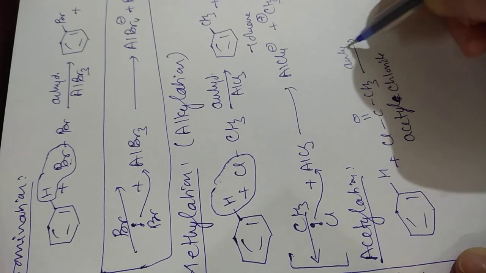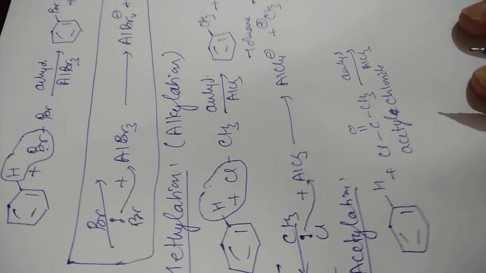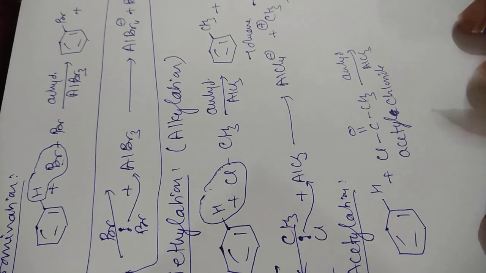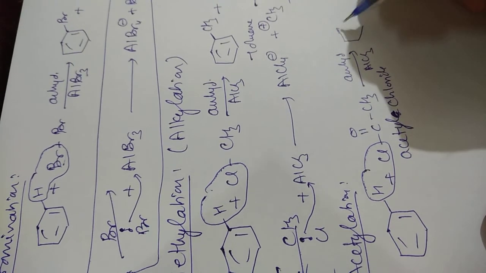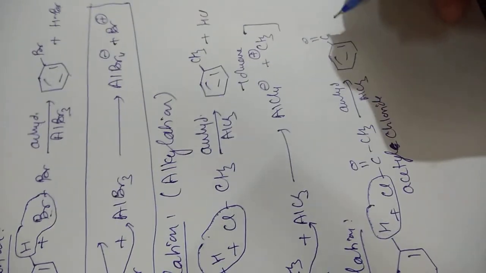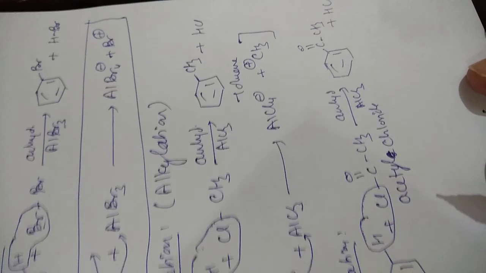Once again we will take anhydrous AlCl3, as it will generate the electrophile in the reaction. After that the HCl will be removed and acetophenone is formed. Acetophenone will form along with HCl.